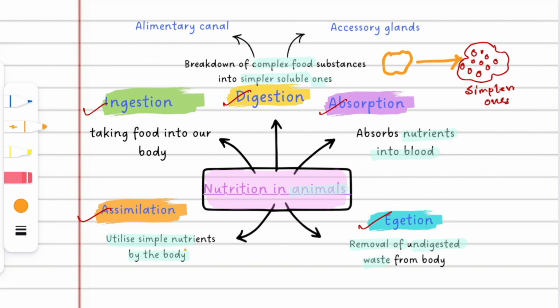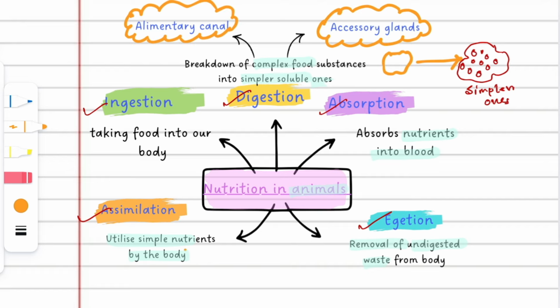Now the human digestive system consists of 2 parts, alimentary canal and accessory glands. Okay, the alimentary canal is nothing but a long tube-like structure which has several organs in it. It starts with the mouth and ends with the anus.